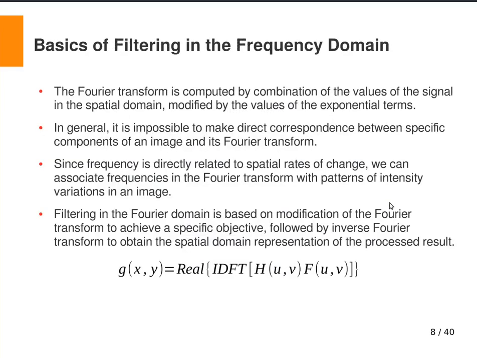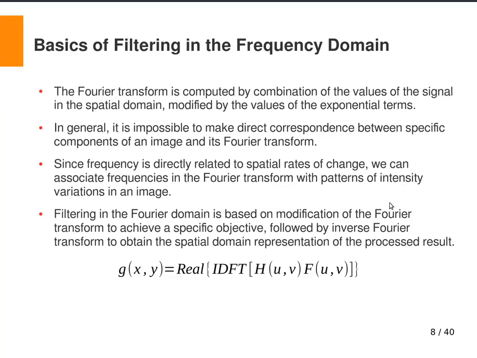So as for the basics of filtering in the frequency domain, which is going to be the topic of this lecture, there are a few notes that you need to have in mind. If you refer back to the equations that are used for performing the forward discrete Fourier transform, you realize that the Fourier transform is computed by combining the values of the signal in the spatial domain modified by the values of the exponential terms.